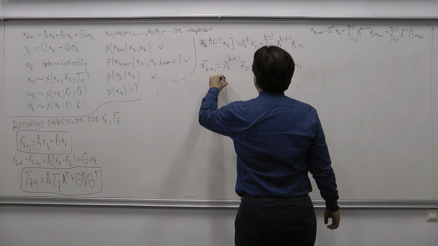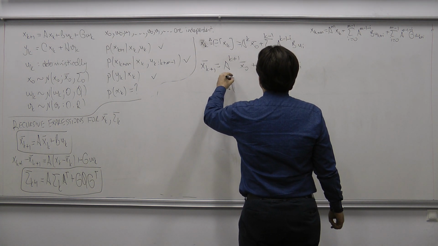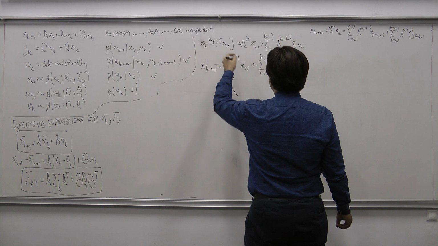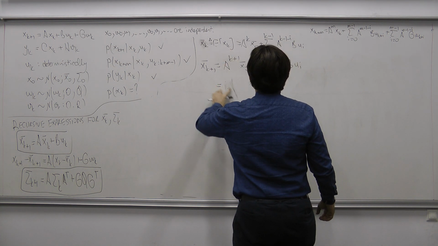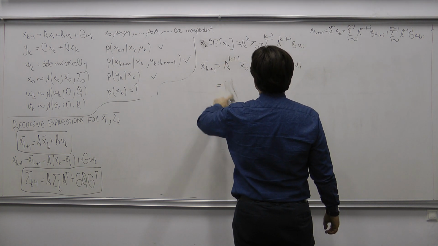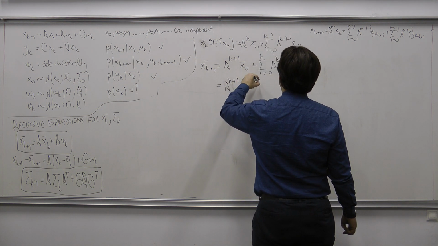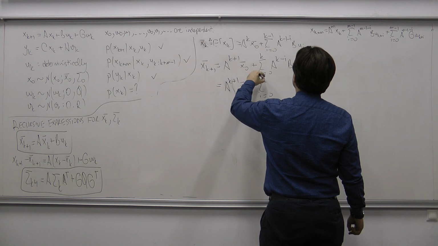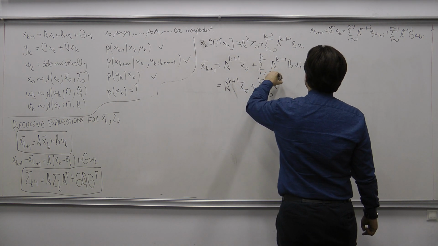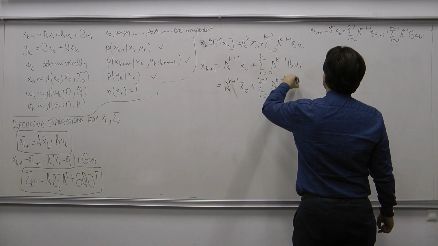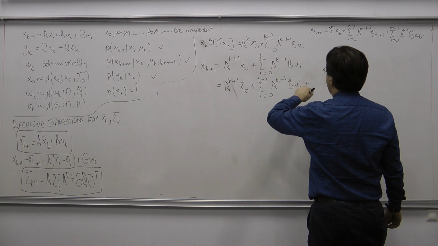So now let me take a parenthesis here. Maybe before that I will separate the k term from the summation. A to the k plus 1 times x_0 bar plus the sum over i from 0 to k minus 1 of A to the k minus i B u_i, plus the k term.